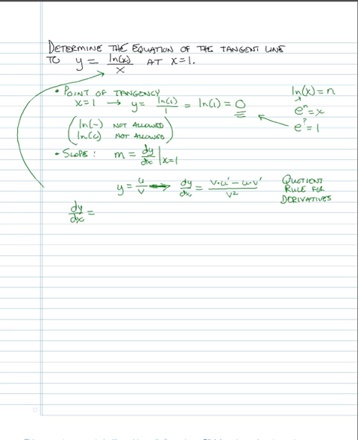So we say what? We say denominator, which is natural log of x, times derivative of numerator. Oops. I already started out wrong, didn't I? My bad.